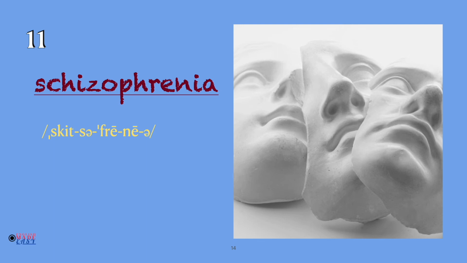The letter I is a regular I, and the letter Z takes an S sound. Furthermore, the letter O takes a schwa sound. The letter E is a long E, as well as the letter I. And finally, the letter A at the end of the word is a schwa sound. So the correct way to say this word is schizophrenia. Again, schizophrenia.